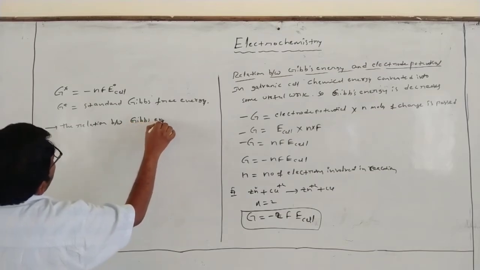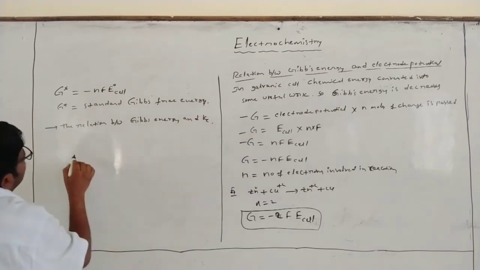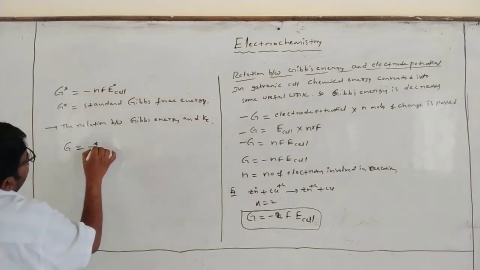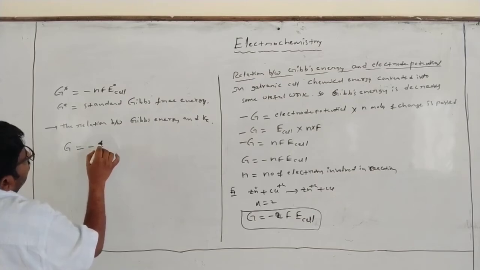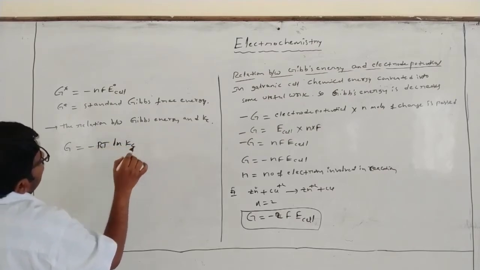Gibbs energy and Kc: ΔG is equal to minus RT ln Kc.